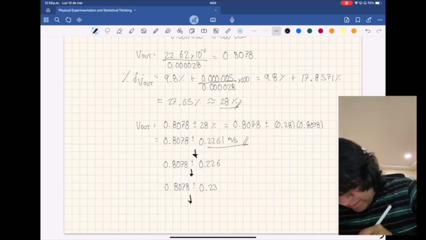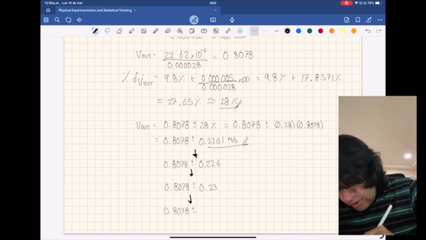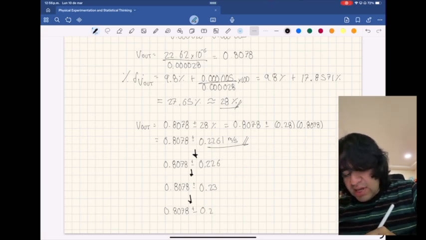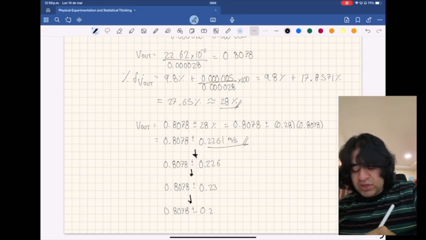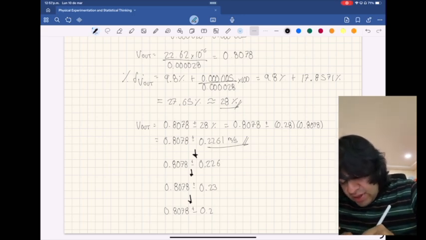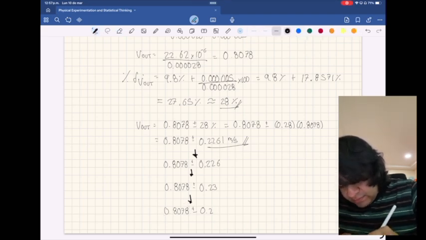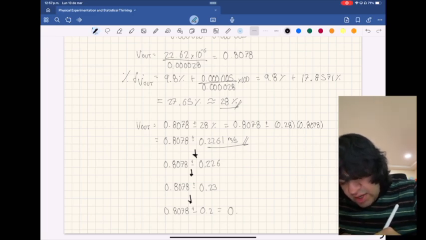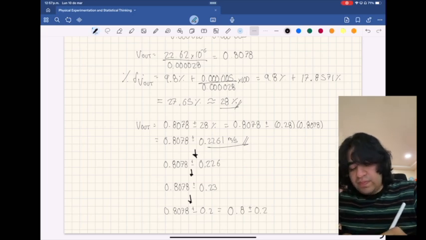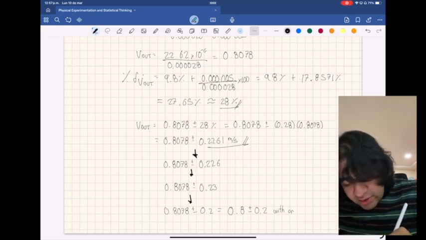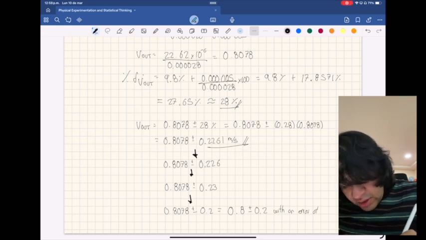This becomes 0.2, and this is our last significant figure, and it is not 1, so now we have to match the same order of magnitude for this quantity, which will give us 0.8 plus minus 0.2 with an error of 28%.